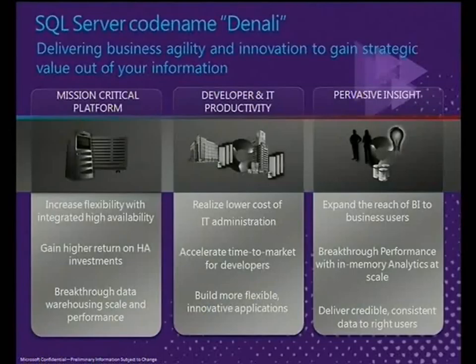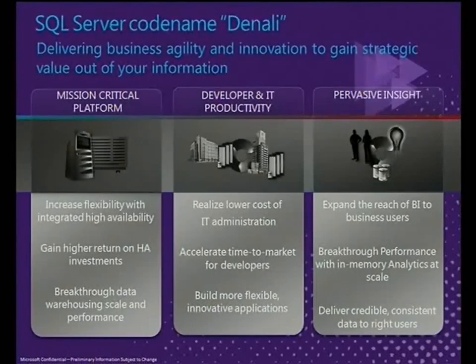On the mission-critical platform side, this is really led by the Always On capability that we're introducing for SQL Server, and it's about high availability and scalability and making sure that you can support mission-critical workloads and have a great way to do failover and disaster recovery and all that stuff. So look for Always On if you're interested in some of the new capabilities there.